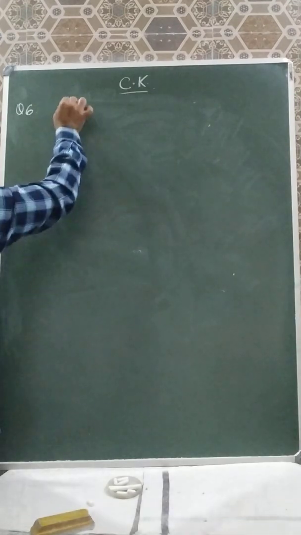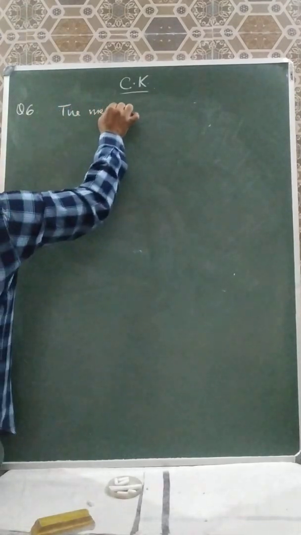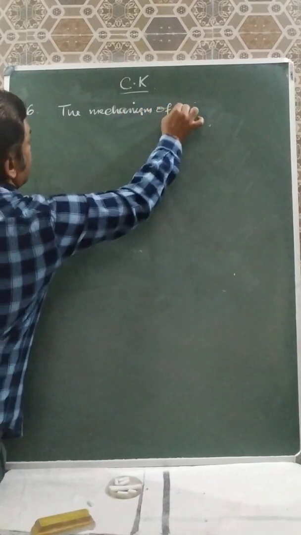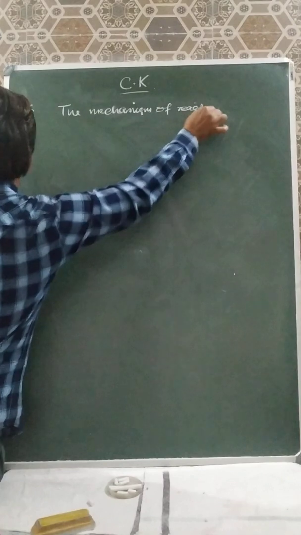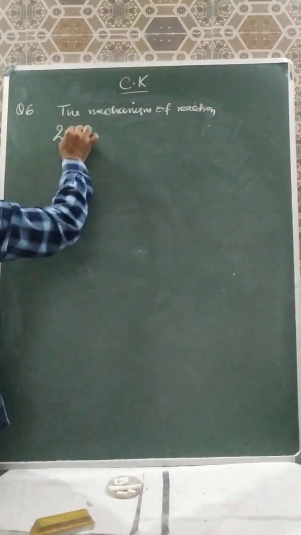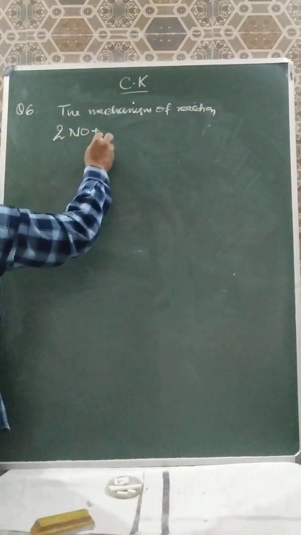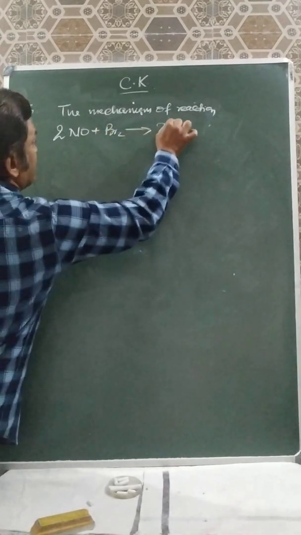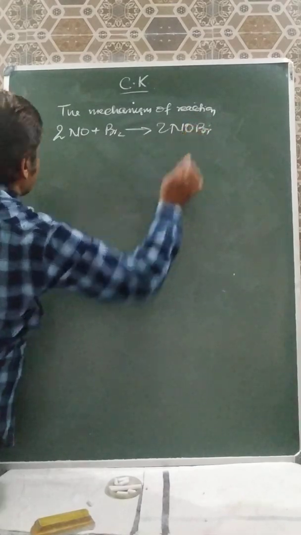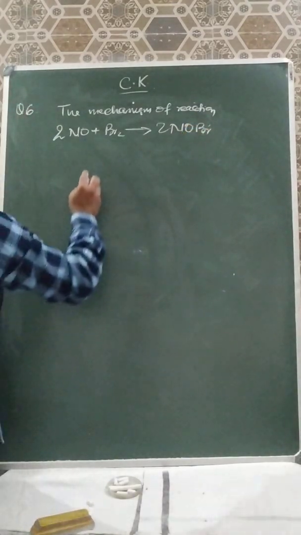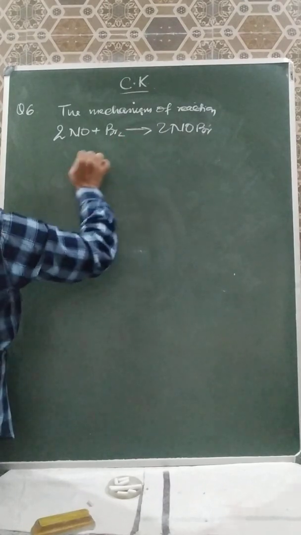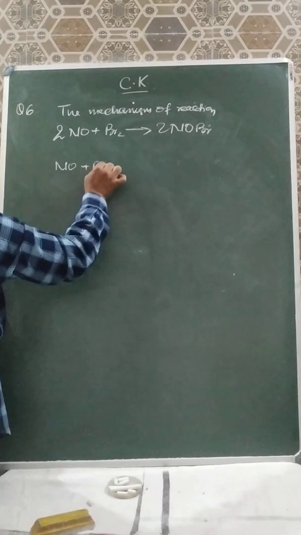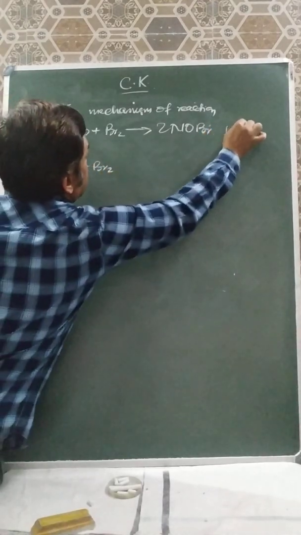The mechanism of the reaction 2NO, that is nitric oxide, plus Br2, liquid bromine, gives 2NOBr is given. What is the mechanism of this reaction?